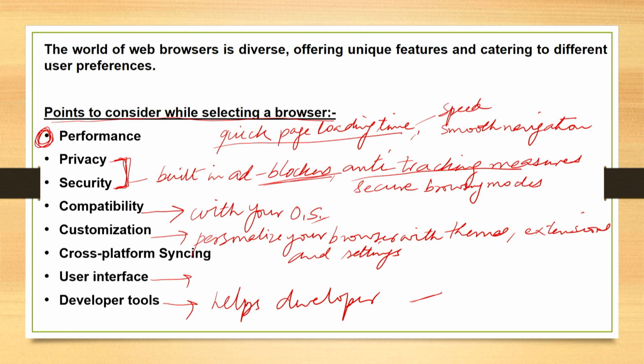That will help the developer get an idea of what type of code can be used to develop these types of web pages. So these are the key points that one should consider while selecting a browser: performance, privacy, security, compatibility, customization, cross-platform syncing, user interface, and developer tools.